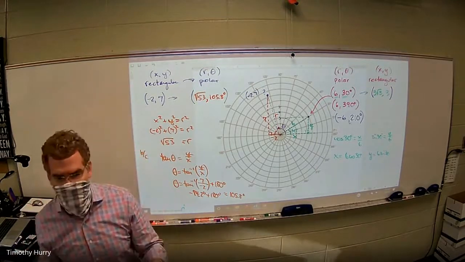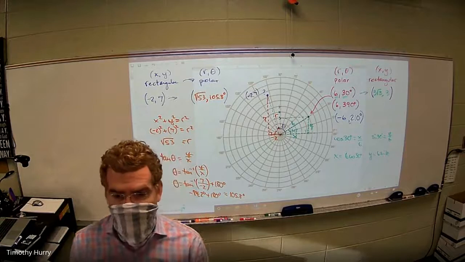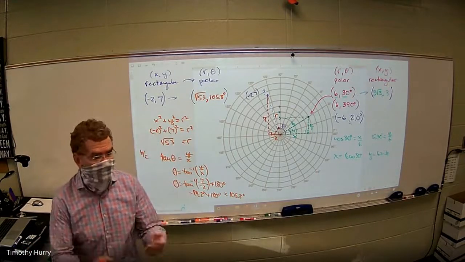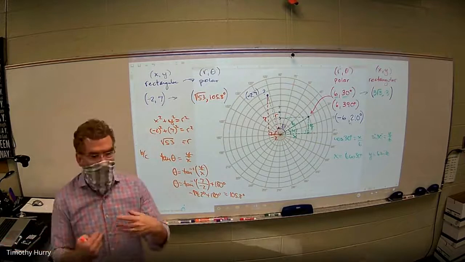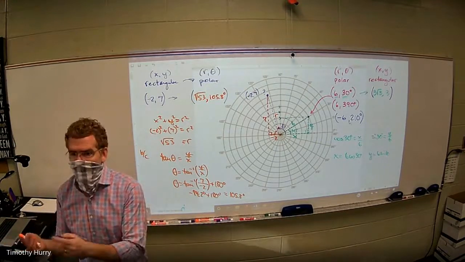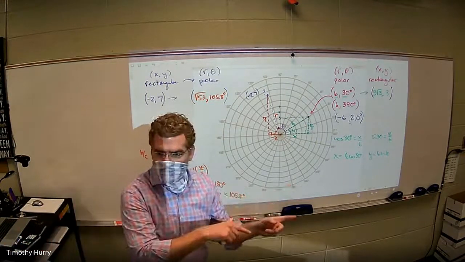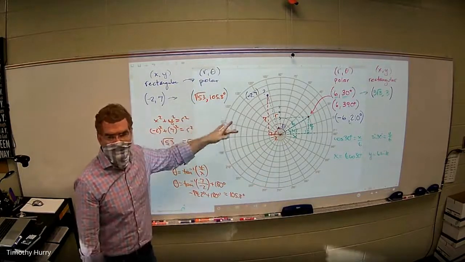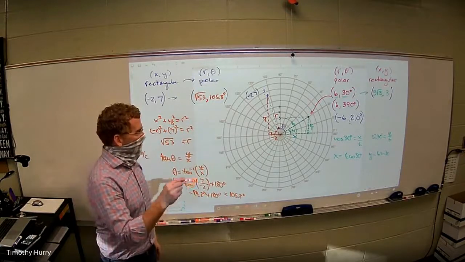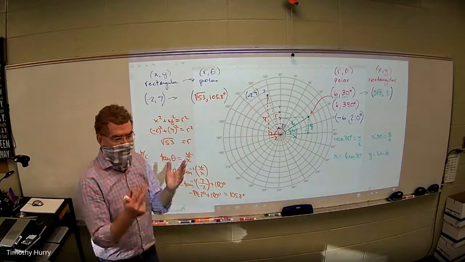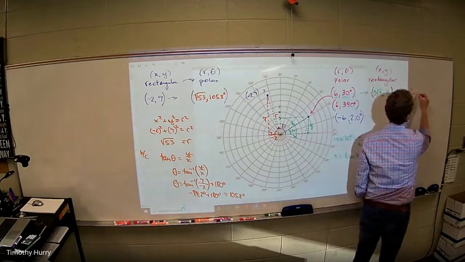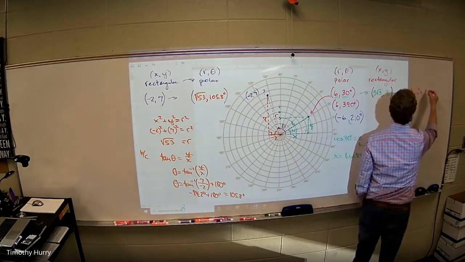Now what you're going to have to learn how to do is convert equations from rectangular form, which are like functions, conics, all kinds of stuff with x's and y's, into r's and thetas. So if you understand the point thing, because that's really just trig, let's think of the other thing, how to convert an entire equation. Basically, like how to take something like x squared plus y squared equals 25.